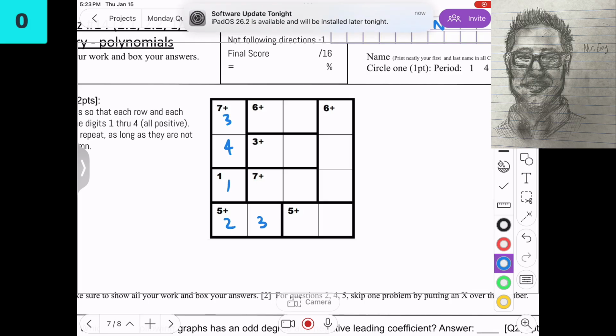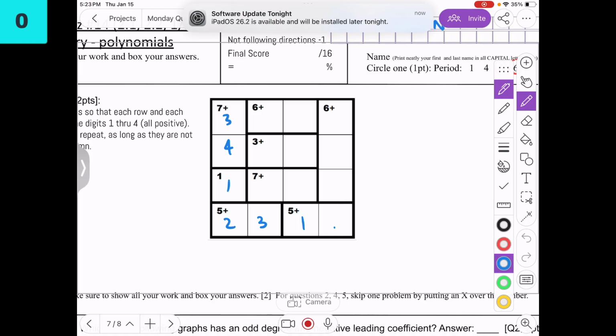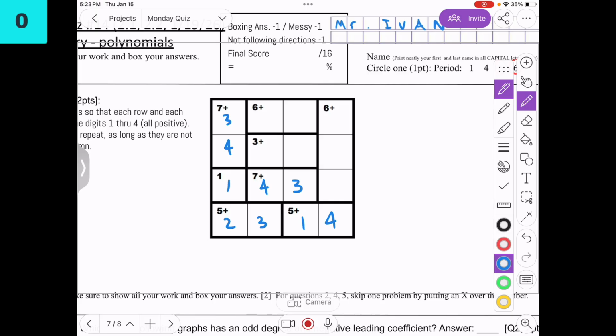If that's the case, I can write down maybe 1 and 4. Again, I can probably swap those eventually, but I'll keep them like that for now. And let me see what else I can write down. Maybe I can write down 4 and 3, so that means this has to be a 2 and 1. So that means this has to be a 3, which means I have to have a combination of 1 and 2.